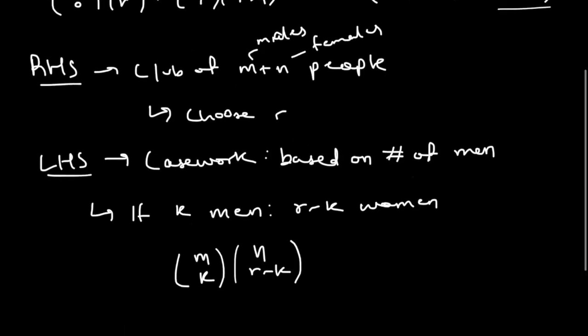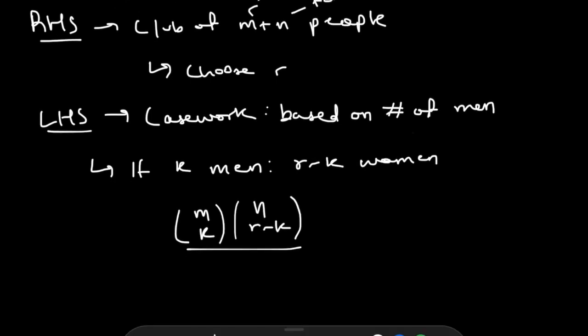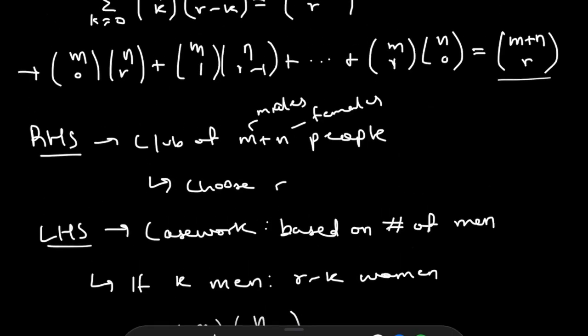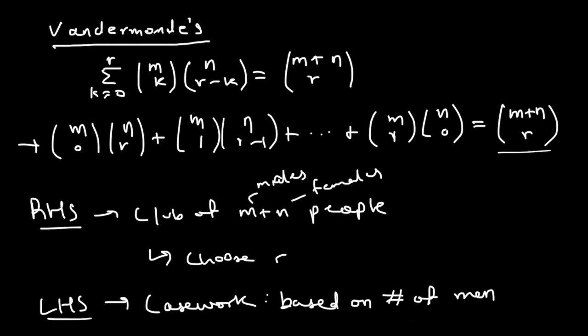So from the total of m men, we're choosing k, and from the total of n females, we're choosing r minus k. So now if we sum this case over all possible values of k, then we essentially create our identity, which is Vandermonde's identity. So you can clearly see how powerful committee forming arguments are in terms of proving combinatorial identities.